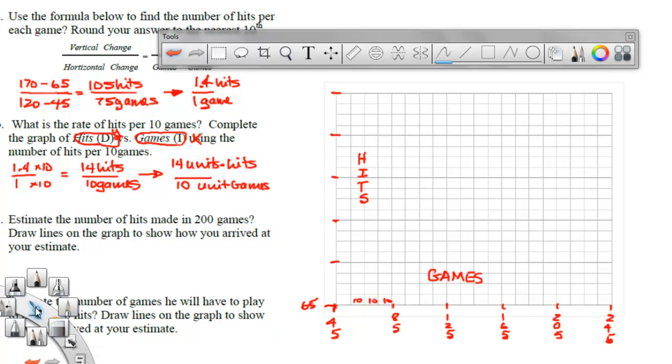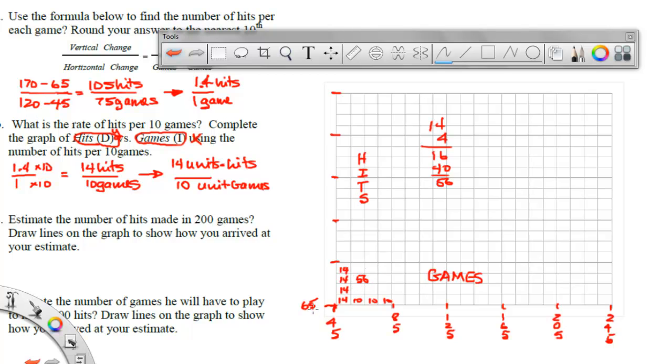So let's relabel those and let's see what happens. So I got 14, 14, 14, and 14. Well, 4 times 14, what is that? Take your calculator. 4 times 14 is 56. So each one of these units here should increase by 56, going vertically.